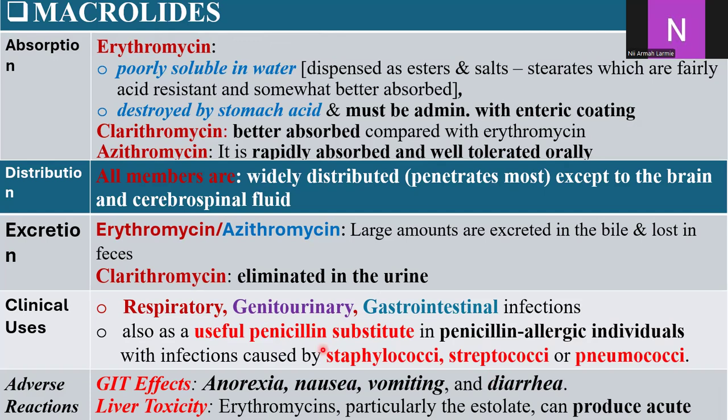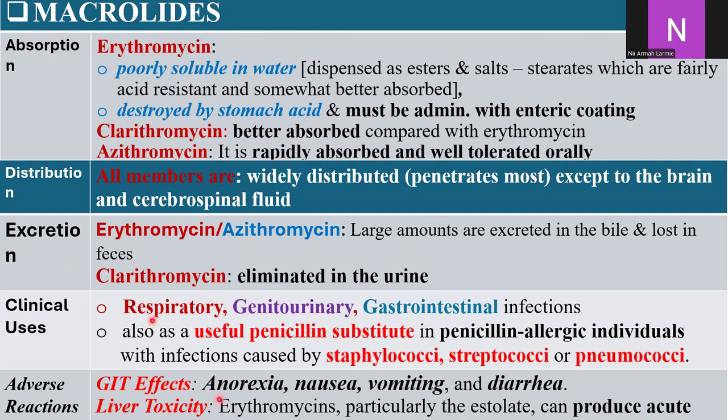So if there's a staphylococcus infection, a streptococcus infection, or a pneumococcus infection, these are all gram-positive infections. We can substitute our macrolides for our penicillins if our patients are allergic to penicillins.